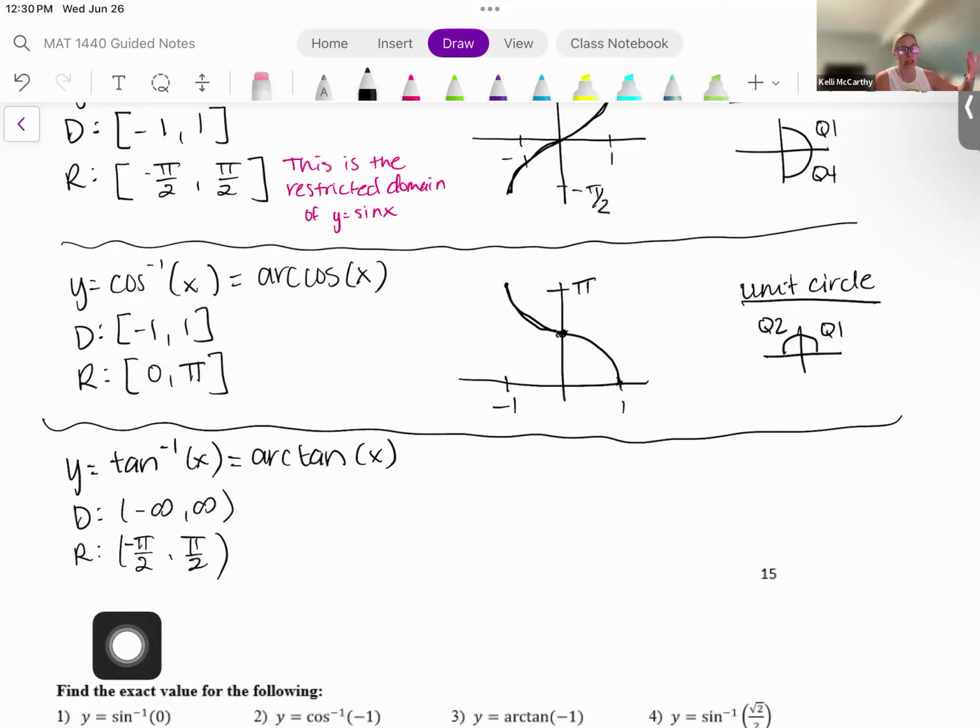Alternatively, the range for inverse sine and inverse cosine are both inclusive intervals. So we are including both negative pi over 2 and pi over 2 in the range of inverse sine, and both 0 and pi for the range of inverse cosine.